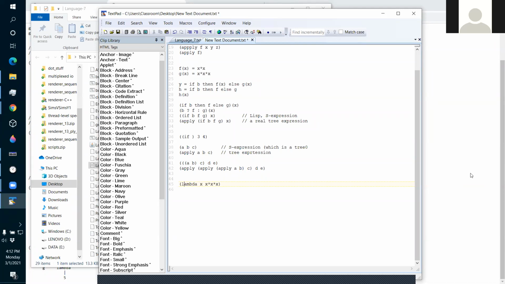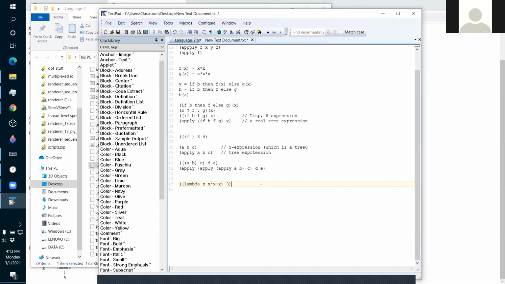If I wanted to give it a name, I would say fun cube. That would give it a name. But by itself, it's a function, not yet in our language. Here's what I want to do: if that's a function, why can't I cube 3? There's the lambda expression, x goes to x cubed, applied to 3.